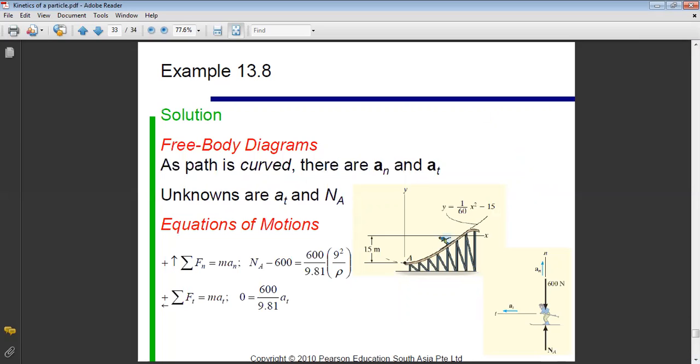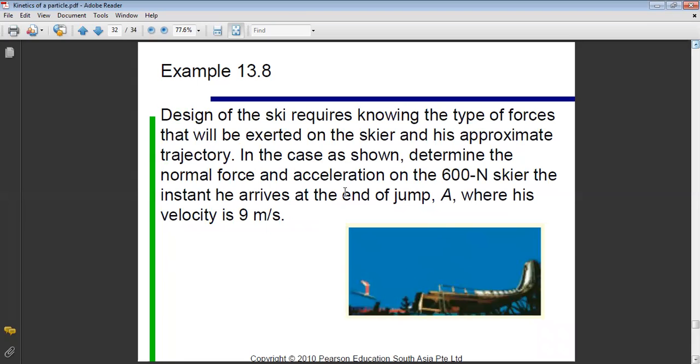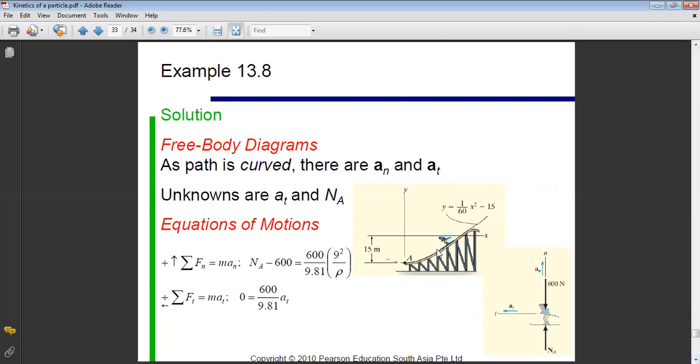So here, they gave me the velocity. They said that when he reaches point A, its velocity is 9 meters per second. So I know V, and I know the trajectory of my motion, so I can get rho. So AN, I can directly calculate it, okay?